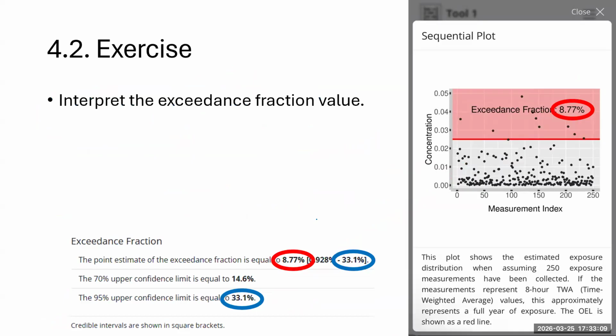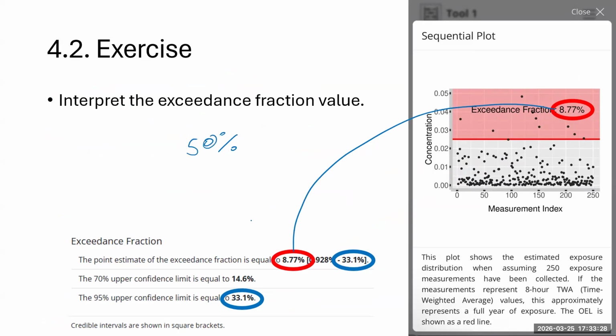Really, like I mentioned, these numbers, we won't worry about doing this exercise, but that 8.7% is really the 50% confidence level.